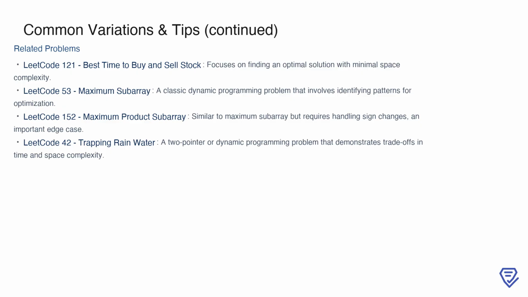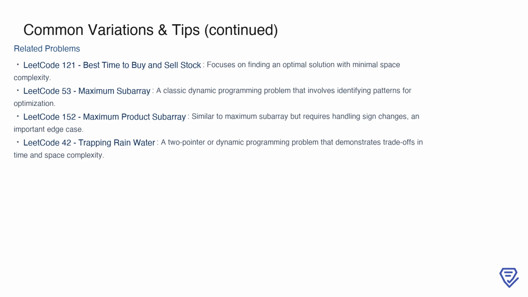For instance, LeetCode 121, Best Time to Buy and Sell Stock, focuses on finding an optimal solution with minimal space complexity. It's a great example of balancing performance with simplicity. Another classic problem is LeetCode 53, Maximum Subarray. This dynamic programming challenge emphasizes recognizing optimization patterns and applying them effectively.